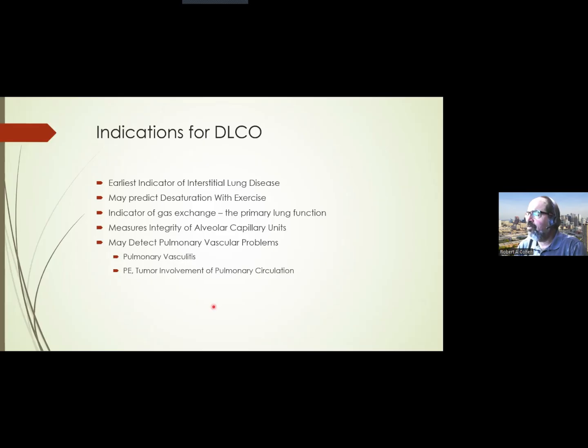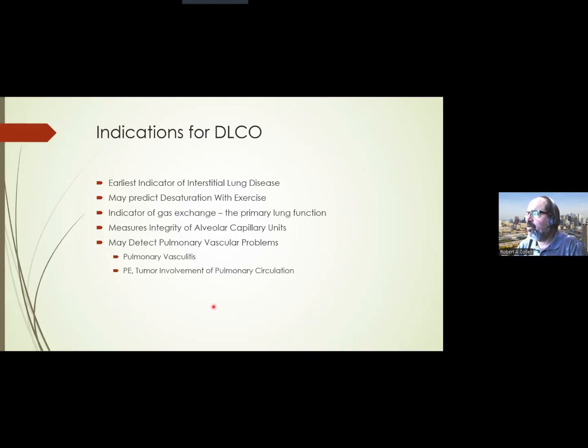As a resting pulmonary function test, it is the only test we can really do that's an indicator of gas exchange, which is really the primary function of the lungs: to measure the ability to transfer oxygen from the alveolar space into the bloodstream and combine with hemoglobin to be carried to the tissues. So it really measures the integrity of alveolar capillary units.